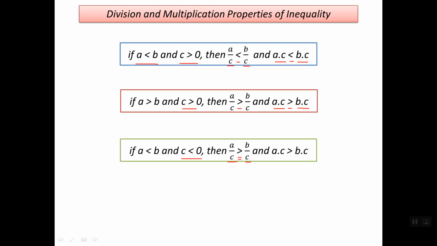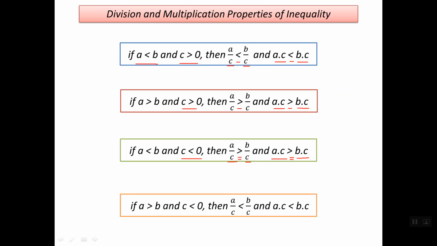So instead of less than, we write greater than. And regarding the multiplication property, if we multiply the left side by C, which is a negative value, we should do the same for the right side, and we should reverse the inequality.